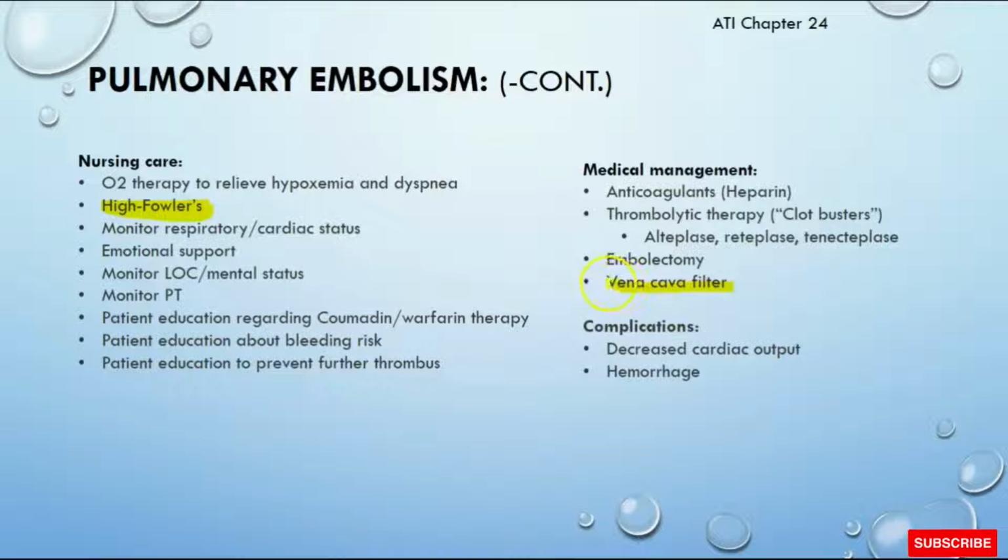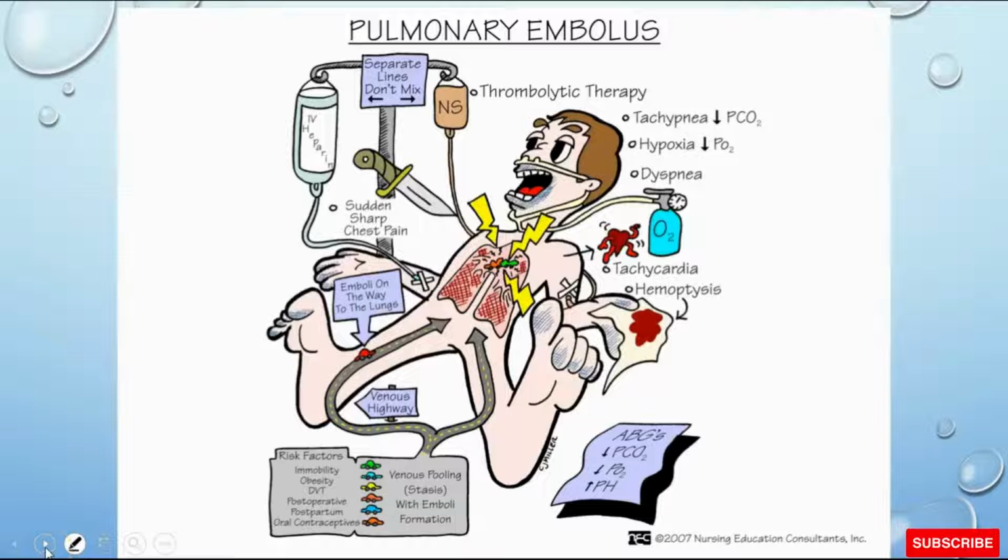The vena cava filter will help in the future to filter out clots, and one type is called a Greenfield filter. Complications obviously are decreased cardiac output and hemorrhage with the use of some of these treatments. And there is your visual.